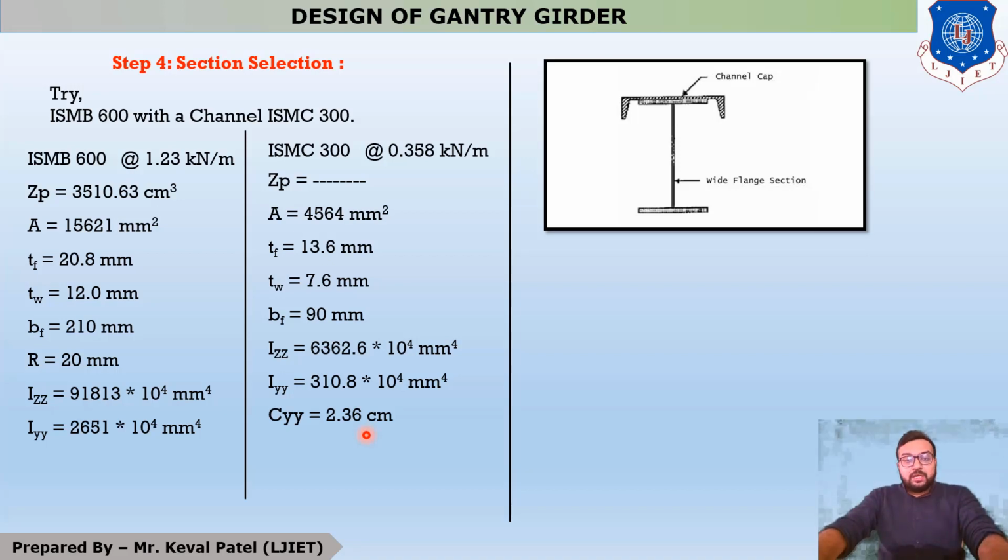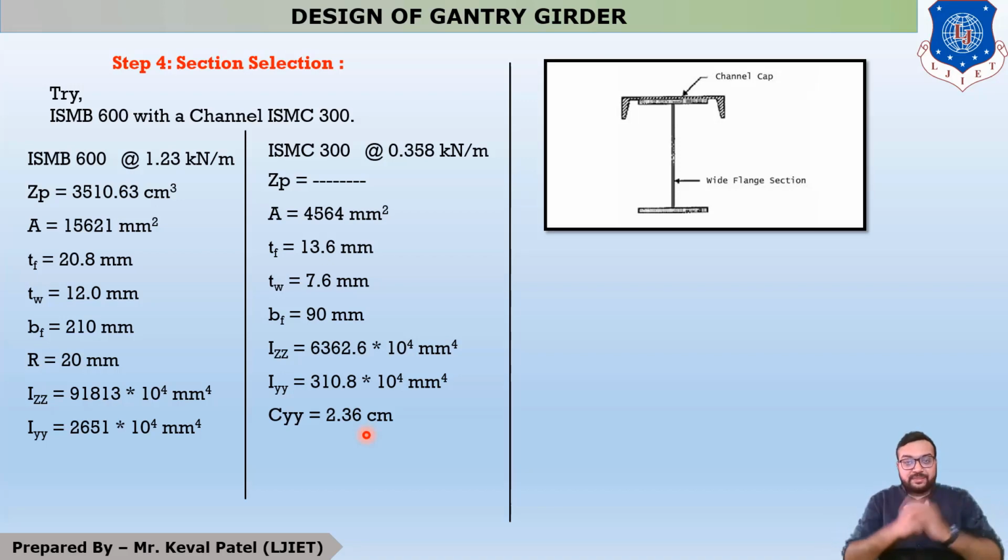Now we have to check whether our selected section is capable of taking the maximum shear force and maximum bending moment. So first of all we have to find the center of gravity of this combined section.